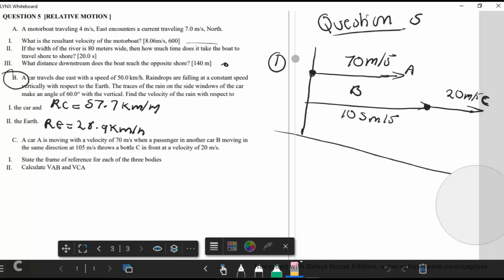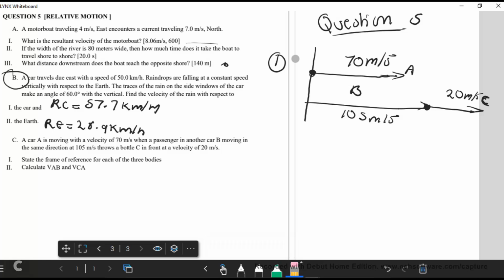So how about question 2? Calculate the VAB. So how are you going to calculate the VAB in this question? VAB is supposed to be A with respect to the Earth minus B with respect to the Earth.